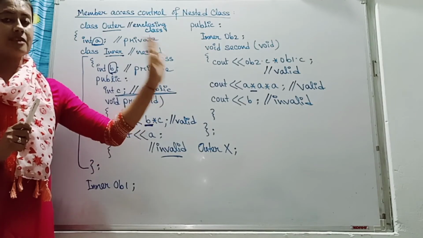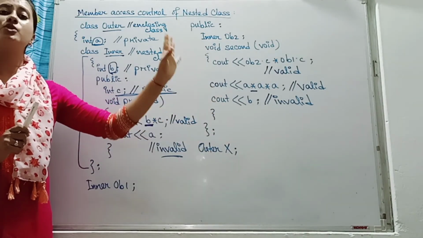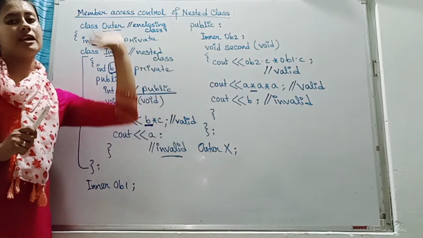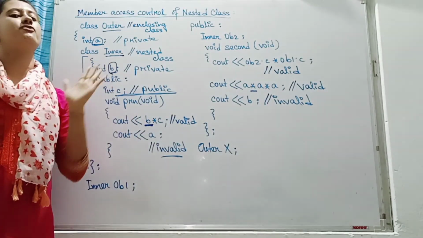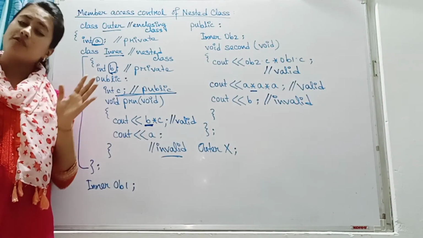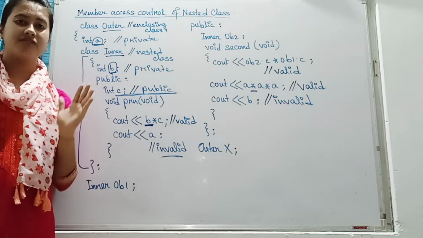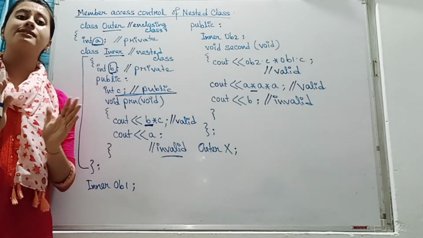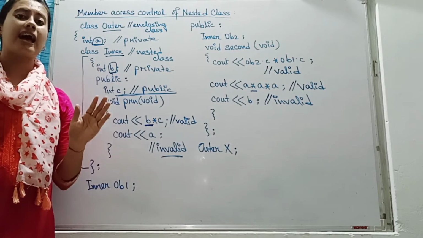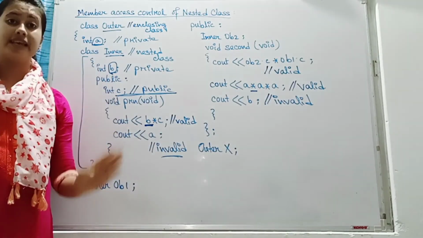If the private member is used in any class other than the one in which it was declared, it will create a problem and show an error. So always remember that whenever there is a private data member, you have to access it only in the class in which it is declared, not in a class in which it is not there.